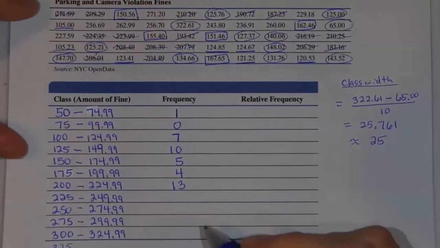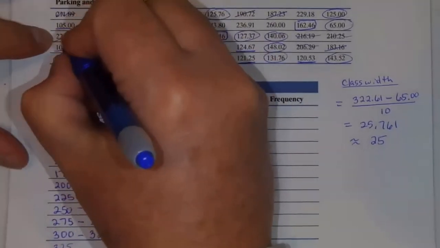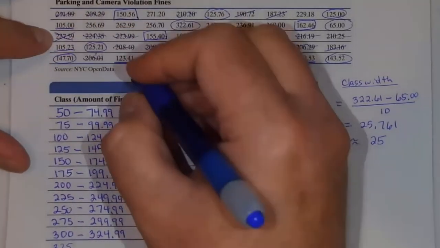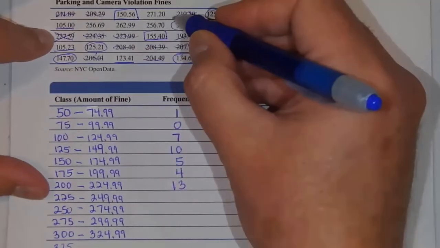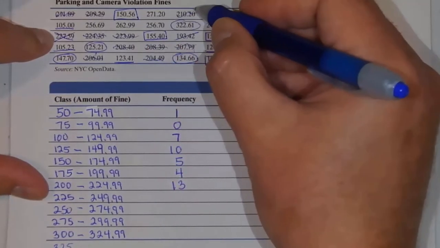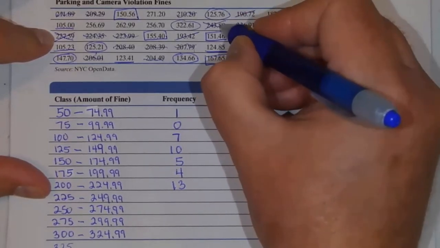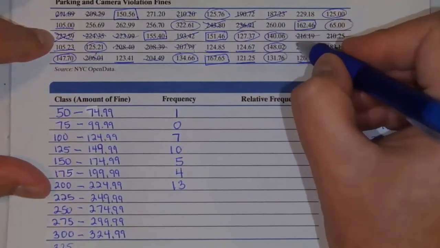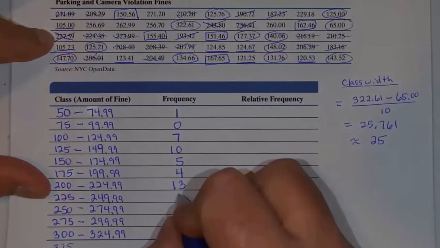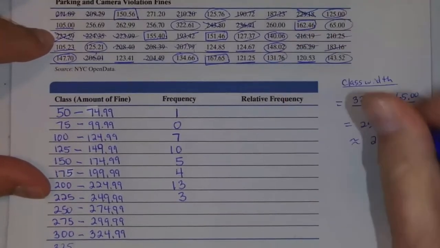So we are getting down to where we don't have very many left. So now we're 225 to 249.99. So that would be this one. That's 1. That one's not. That one's not. Two, 3, I think just 3. Oh, I missed that one. 4.